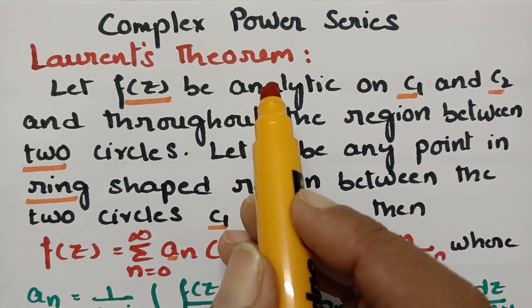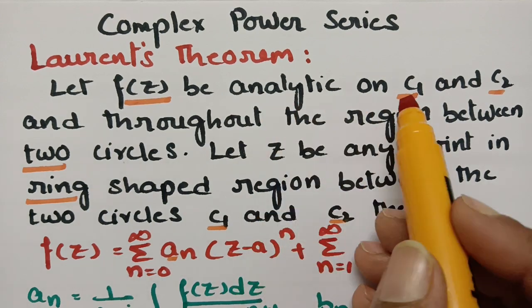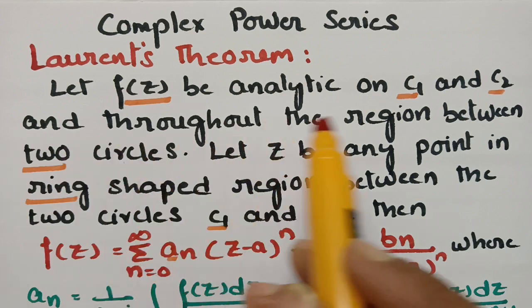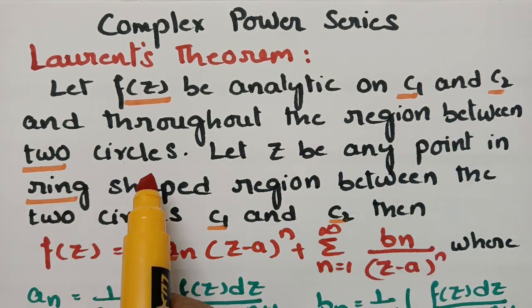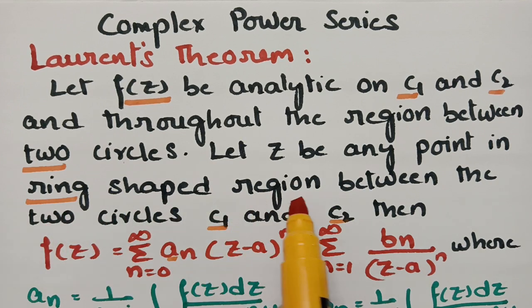The statement of Laurent's theorem states that let f(z) be analytic on circles C1 and C2 and throughout the region between the two circles. Let z be any point in the ring-shaped region between the two circles C1 and C2.